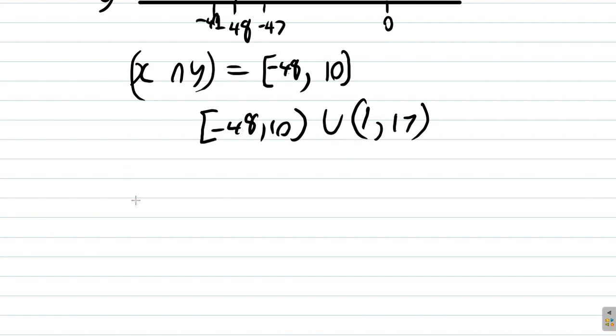So I'm going to use set builder notation to represent it. We're going to have your curly bracket, x such that x is greater than or equal to negative 48, and negative 48 is included.